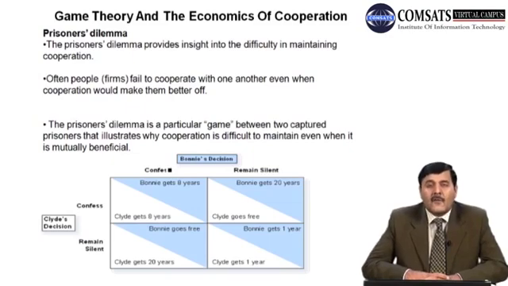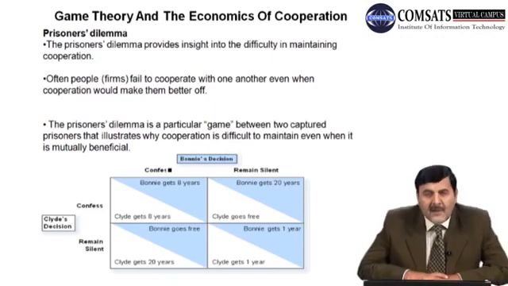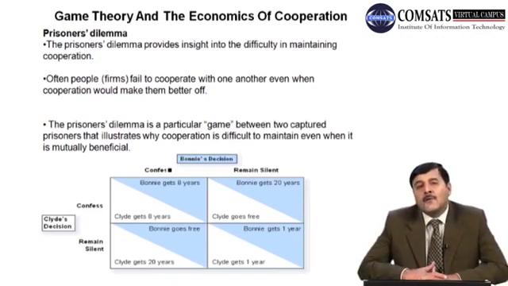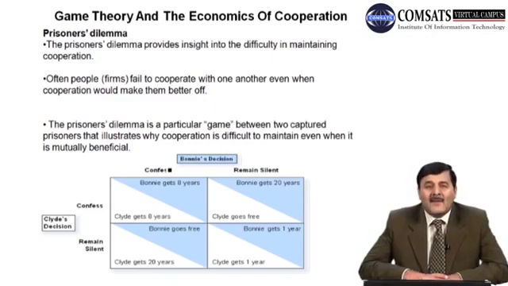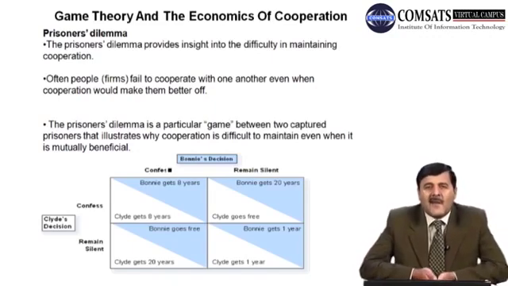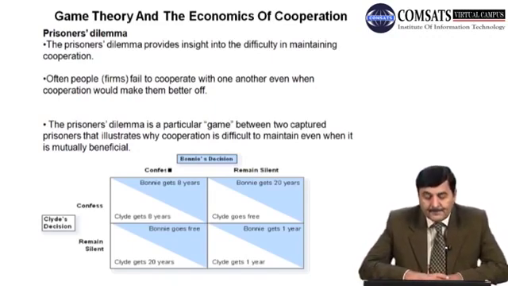But you know, it's difficult, as we said, most of the time difficult for the individual, difficult for the firm to cooperate with each other, even if they know that it is beneficial, दोनों के लिए फ़ायदेमंद है. तो हम जो 4 possibilities हैं इस गेम की उनको देखते हैं और डिसाइड करते हैं कि which option is कौन सा जो दोनों prisoner हैं what strategy they are going to adopt.